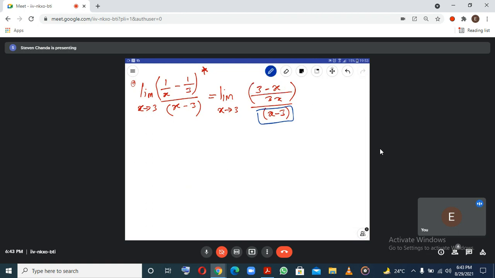So in this particular case, you want to multiply through by the denominator of the numerator. I hope that makes sense. So we want to multiply through by that.